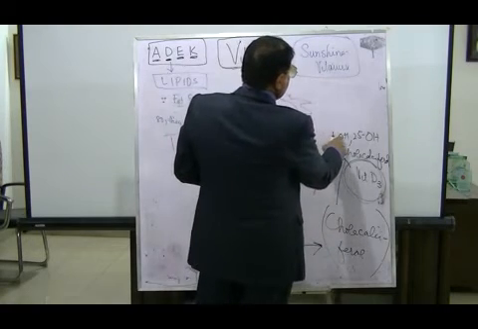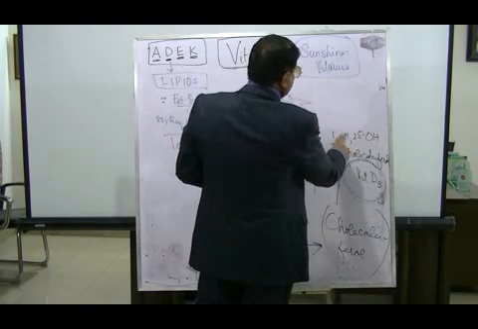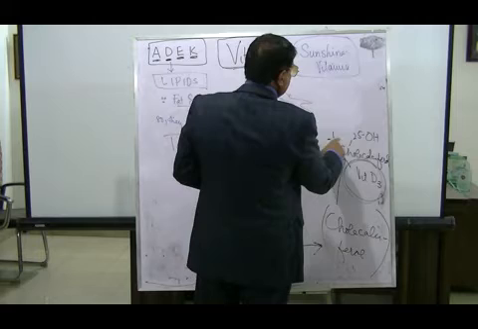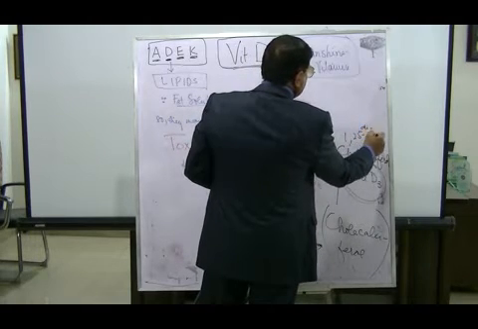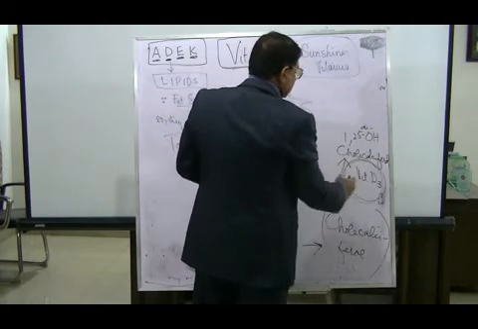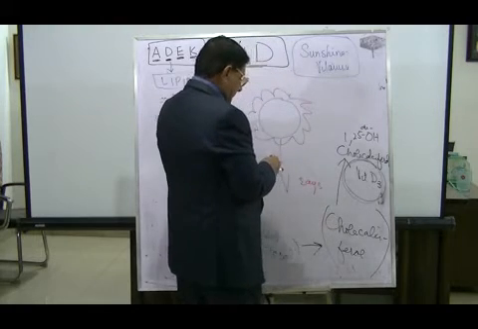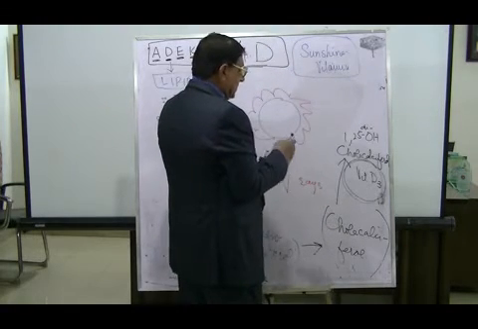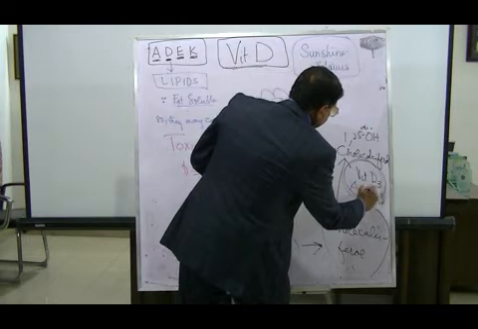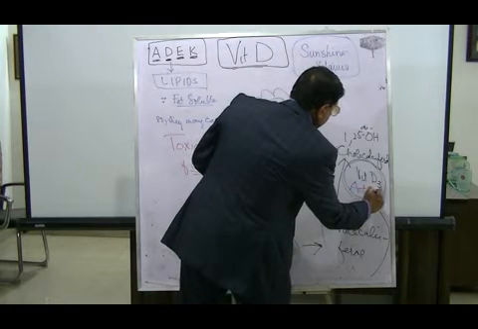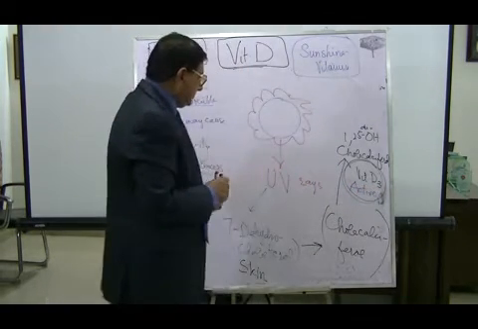You can say 1,25-dihydroxy cholecalciferol. This is your active vitamin D.